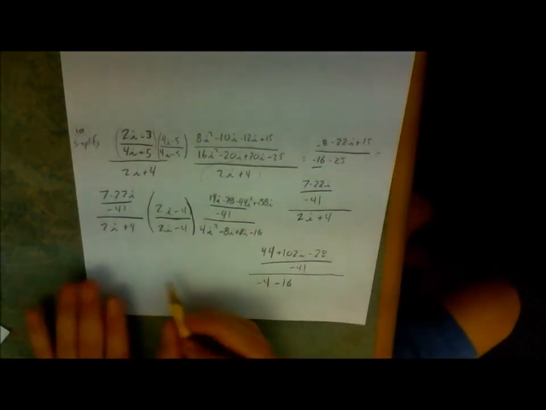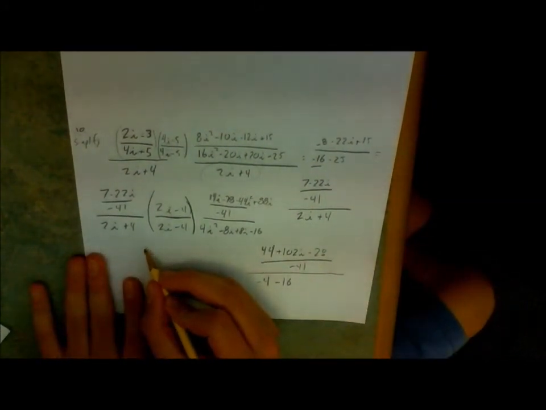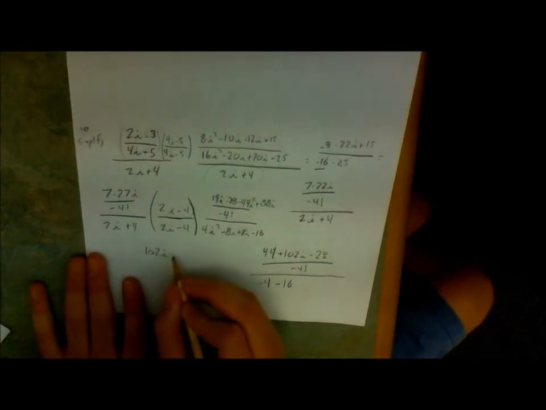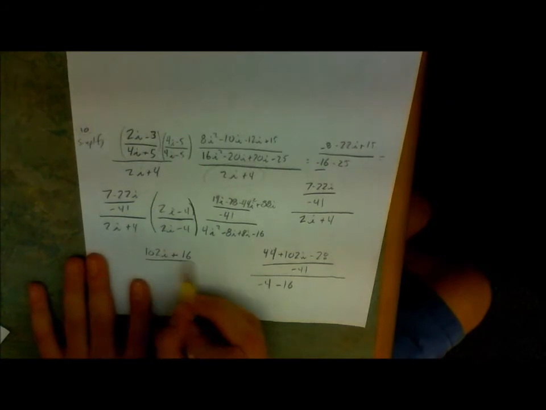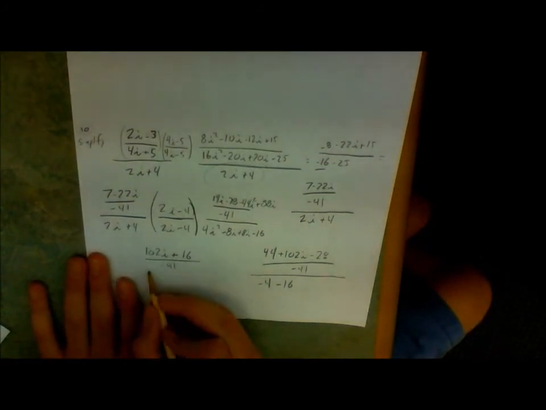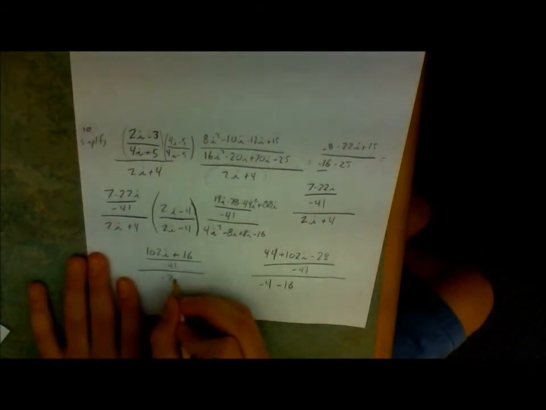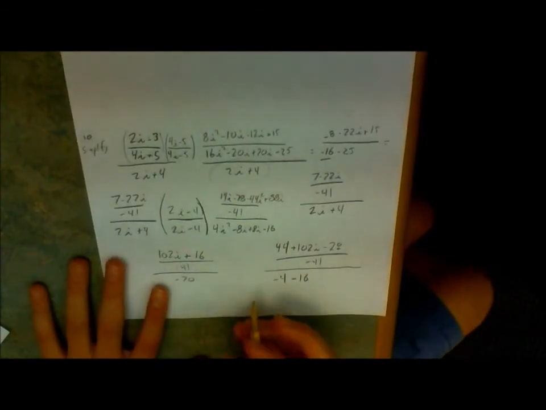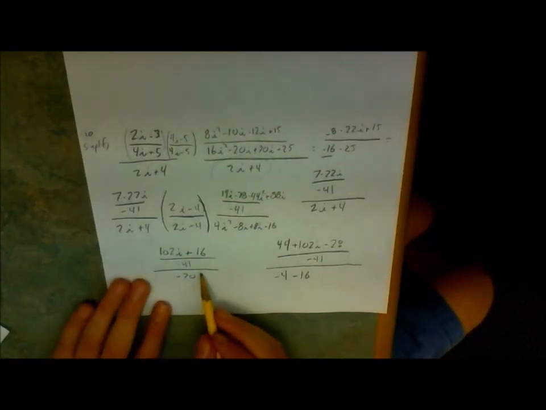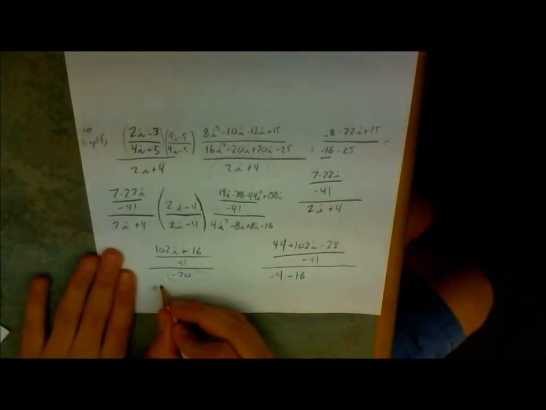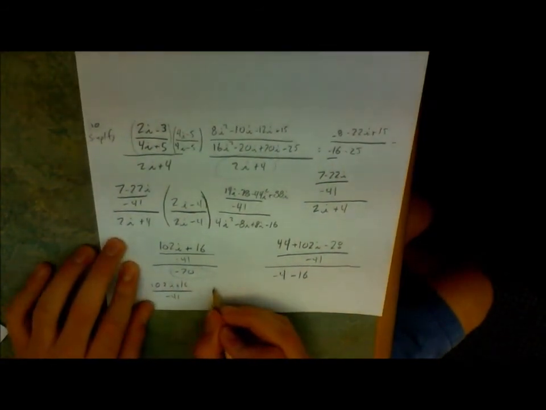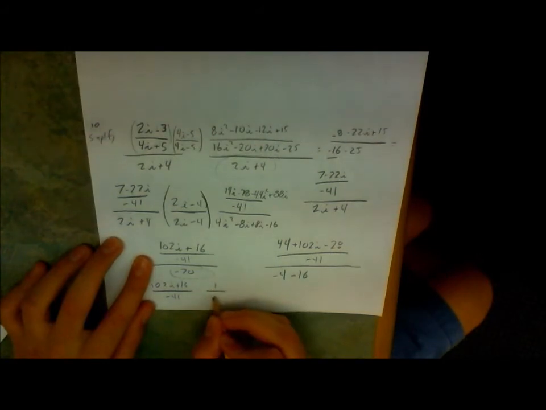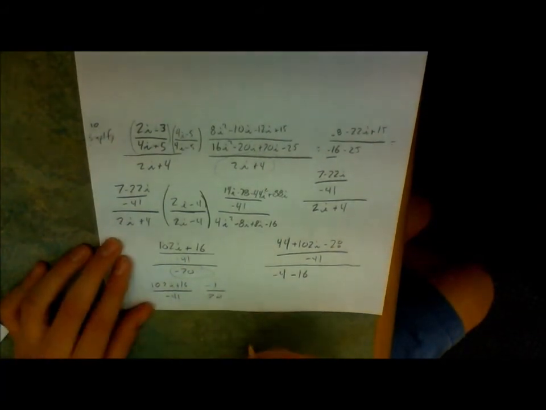A little simplification, you would have 102i plus 16 over negative 41, all over minus 20. To simplify it a bit more, multiply by the reciprocal: 102i plus 16 over negative 41, times negative 1 over 20.